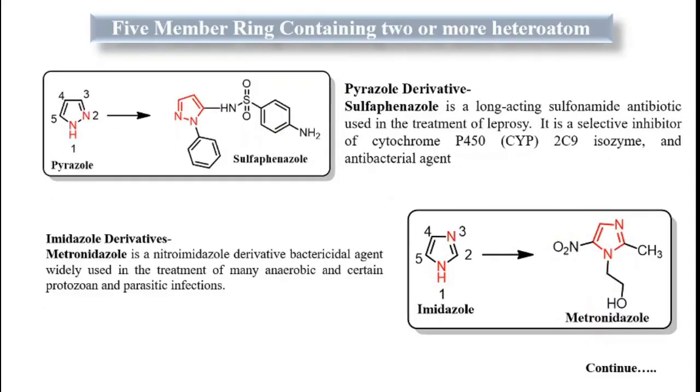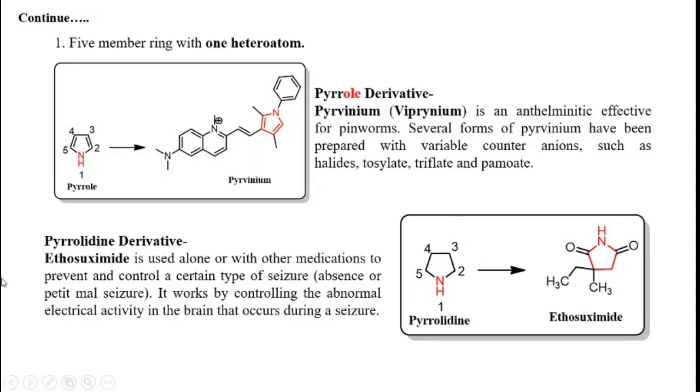The next example is pyrrole. Pyrrole is a five-member ring which contains a single nitrogen at position number 1 and it is fully unsaturated. It is also known as pyrrole or azole. OLE is here because it is a five-member ring which is fully unsaturated.